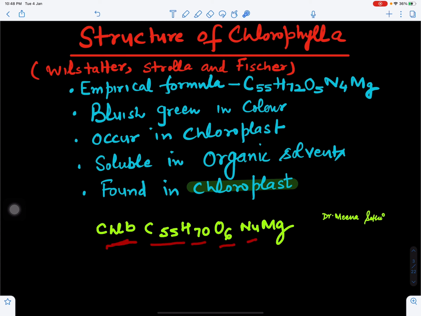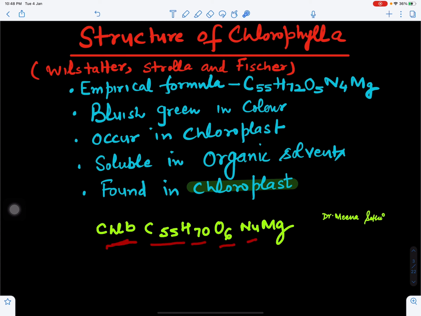Now if we see the structure of the chlorophyll-a molecule, it has 4 pyrrole rings, 1, 2, 3 and 4. Each pyrrole ring is made up of 5 atoms, that is 4 carbon and 1 nitrogen atom.